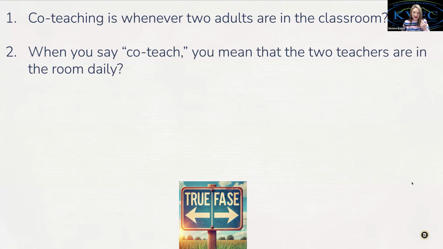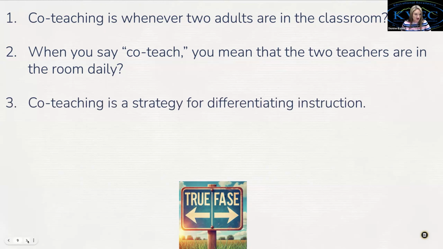False. Yep, that's right. Just because two adults are in the room, that's not co-teaching. In order to meet the definition of co-teaching, both teachers need to be working with students and delivering instruction.